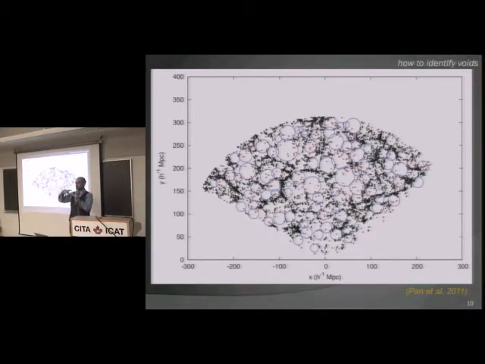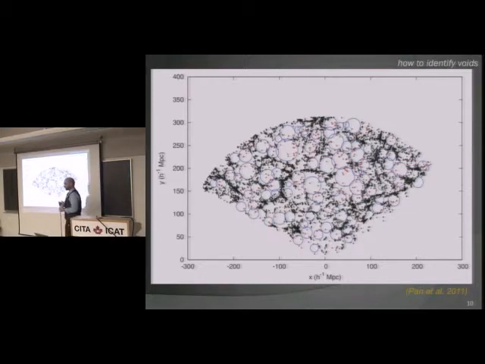And you can allow multiple spheres to merge together, to overlap, so you get some sense of the shape of the void. And these algorithms also give you member galaxies inside the void. So you can distinguish populations of galaxies that are inside underdense void regions of the universe, and those that are part of bound structures like the filaments and clusters.